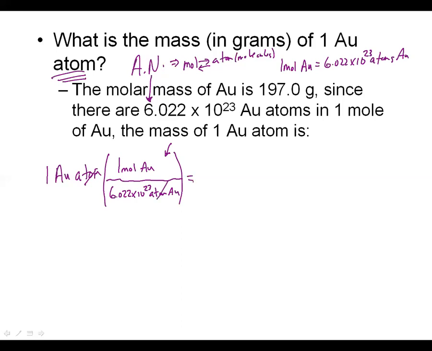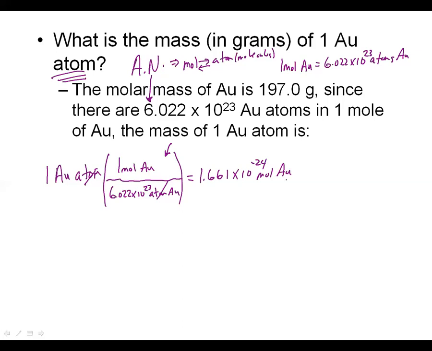And if you did get an answer at this point, you would end up with something like 1.661 times 10 to the minus 24, making sure you use your exponent button, moles of gold, which is close to what we're looking for.